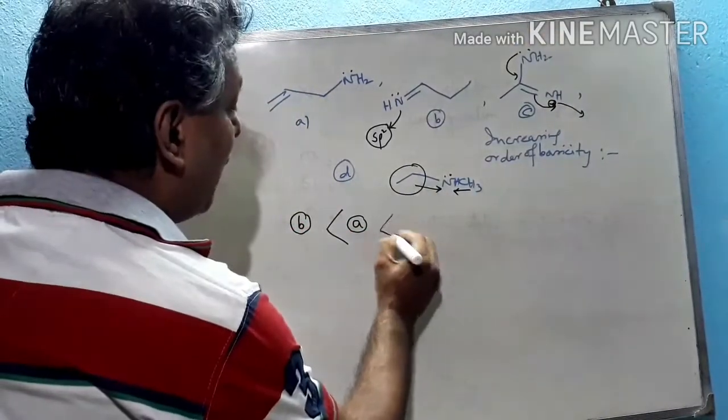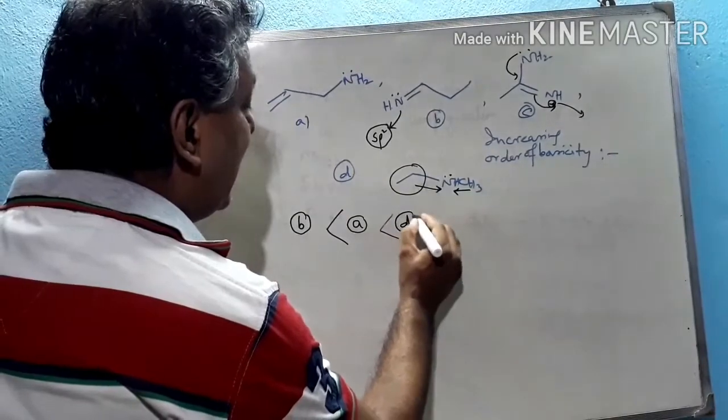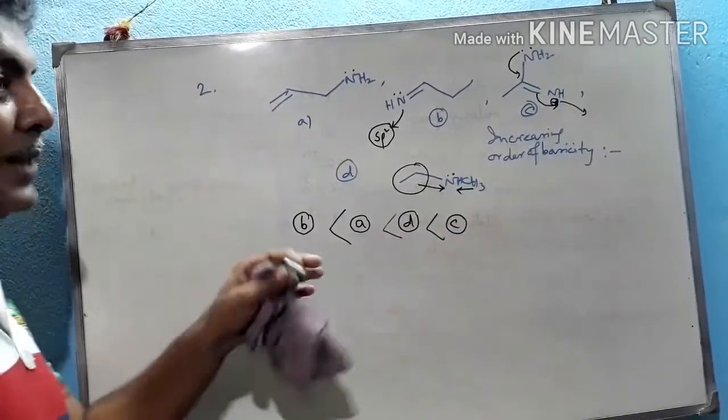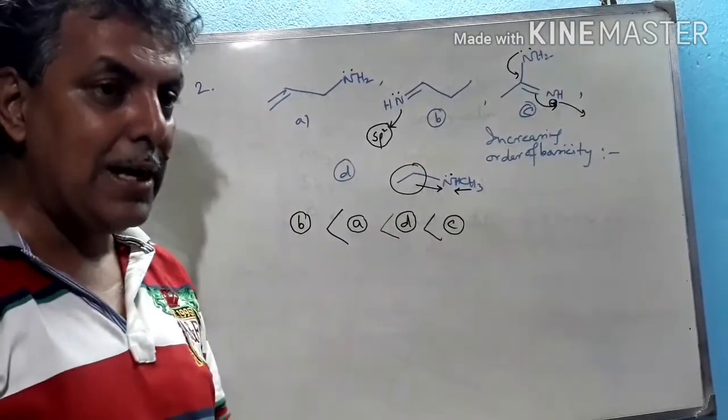So the order will be BADC. C has the highest basic strength. The order is BADC.